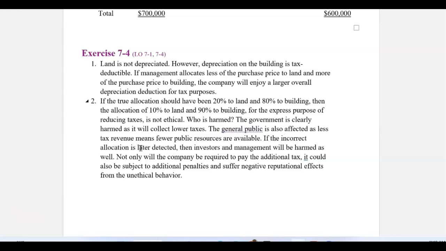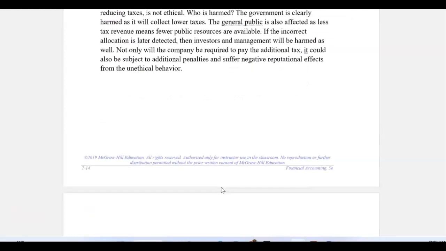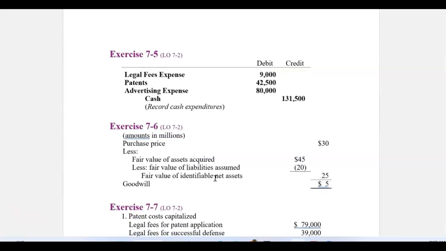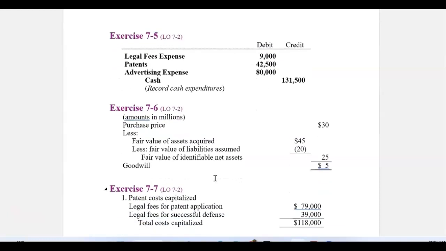If the incorrect allocation is later detected, then the investors and management will be harmed as well. Not only will the company be required to pay additional taxes, it could also be subject to penalties. Okay, so that was a good one. Now let's look at a few more problems, okay?